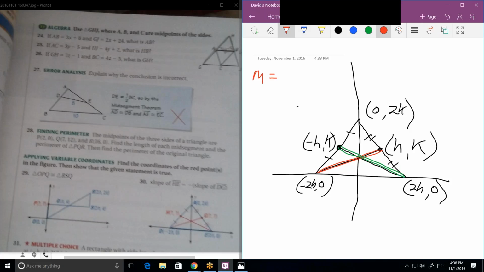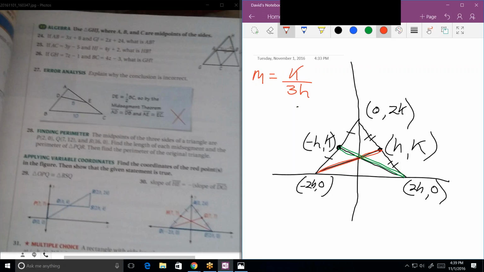Well, it's the rise over the run. The rise is k, the run is 3h, so that's the slope.